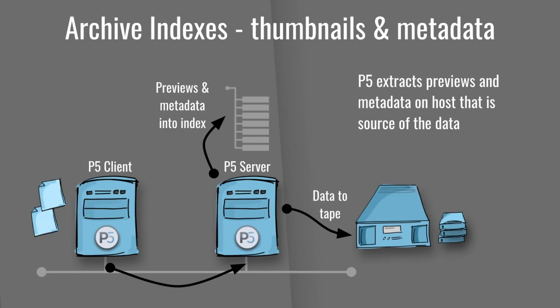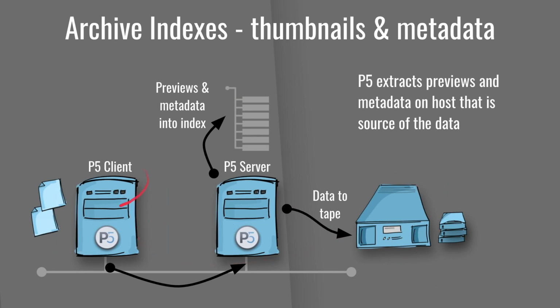I'm just going to back up one slide to show you the way that this kind of works. What we've got happening here is a P5 server in the middle. This is our P5 archive server. It's got some tape storage attached, so it's got somewhere to archive to.